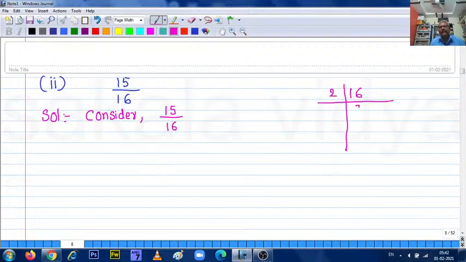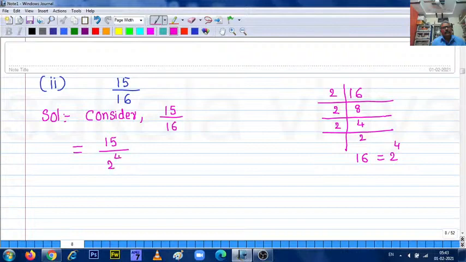Start with 2, 2 eights are 16. Next 2 fours are 8. Next 2 twos are 4. So that means 16 can be written as 2 into 2 into 2 into 2, 4 times, 2 raised to 4. So this can be written as 15 upon 2 raised to 4.